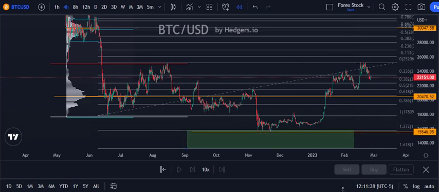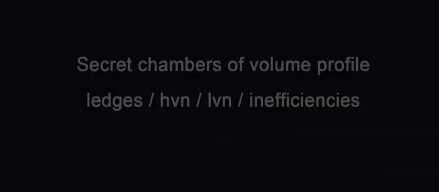Okay, now let's head towards the third category of this volume analysis learning course, which is the secret chambers of volume profiles: ledges, high volume nodes, low volume nodes, and volume inefficiencies, for example the gaps. So let's talk about it.